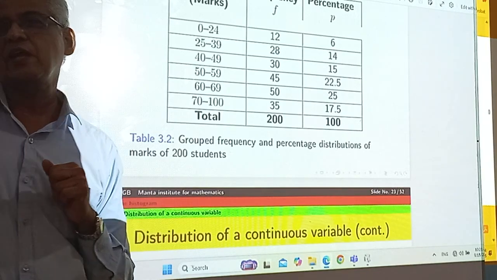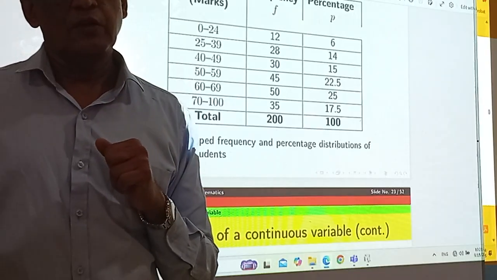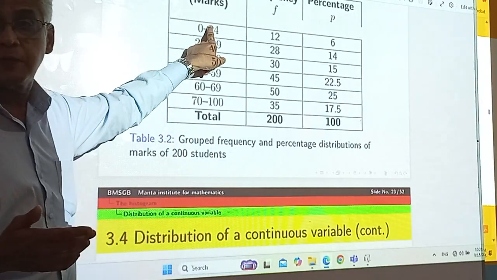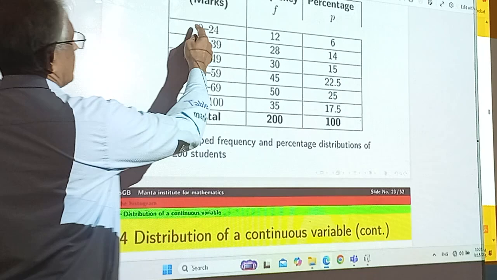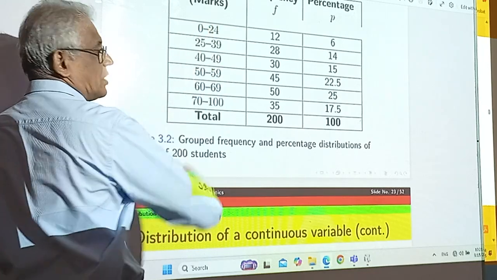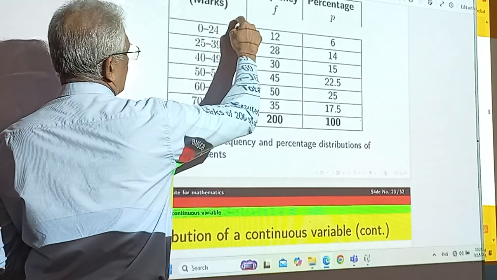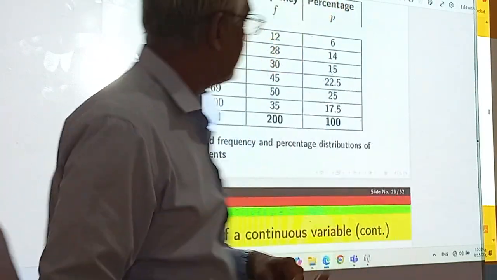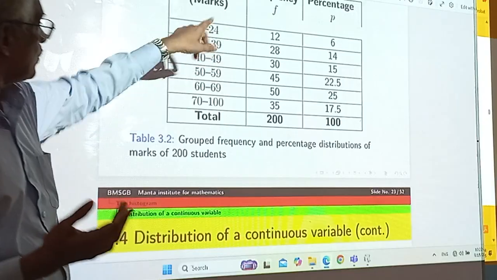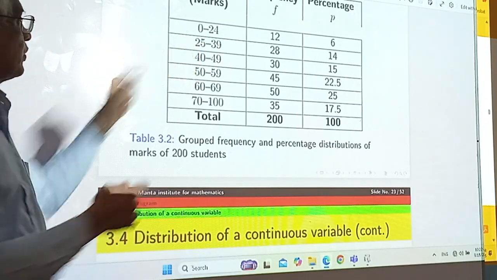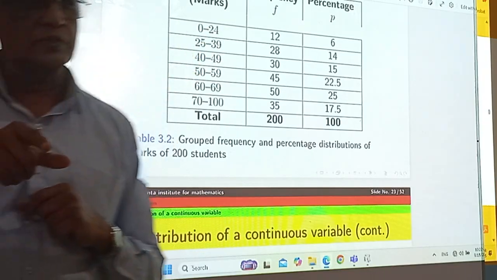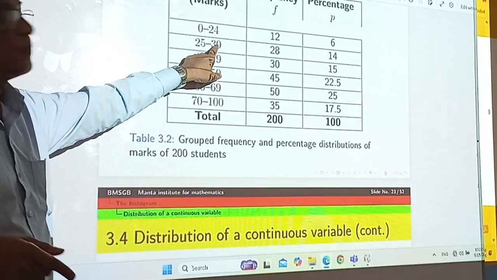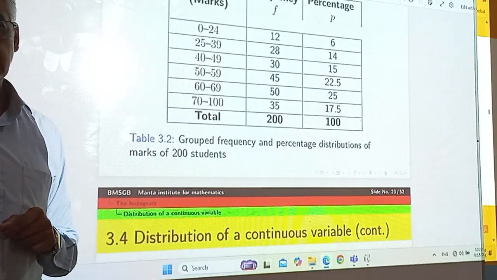But anything less than 24.5 will be included in this interval, right? So therefore you can write this as 0 included and then 24.5 excluded, open at that end. And then 24.5 will be included here. So 24.5 closed on that side and then 39.5 open on the other side.